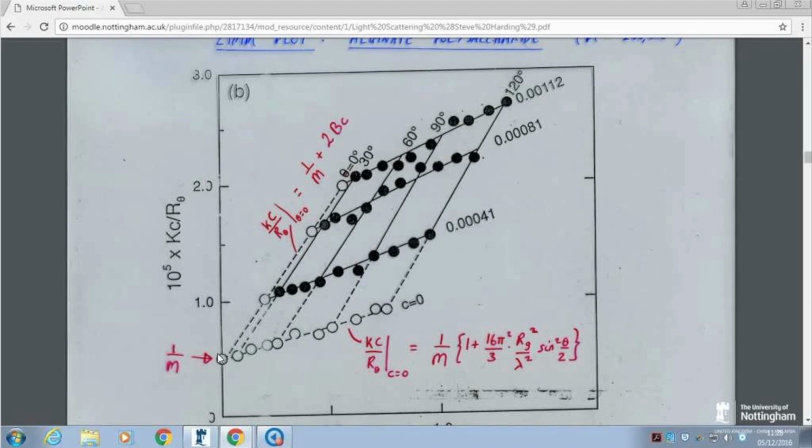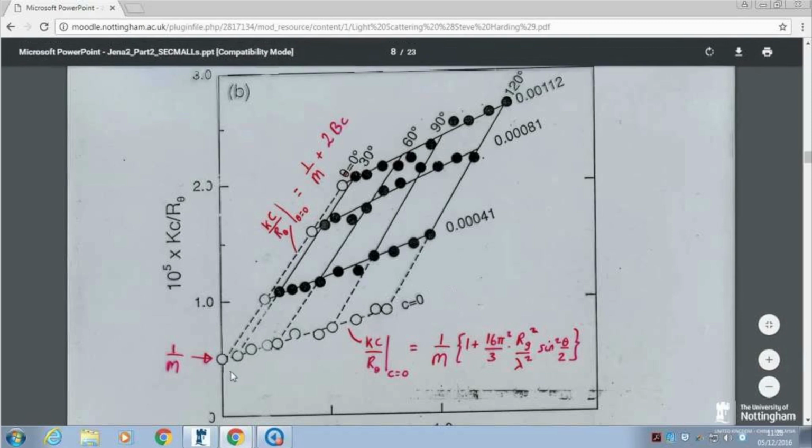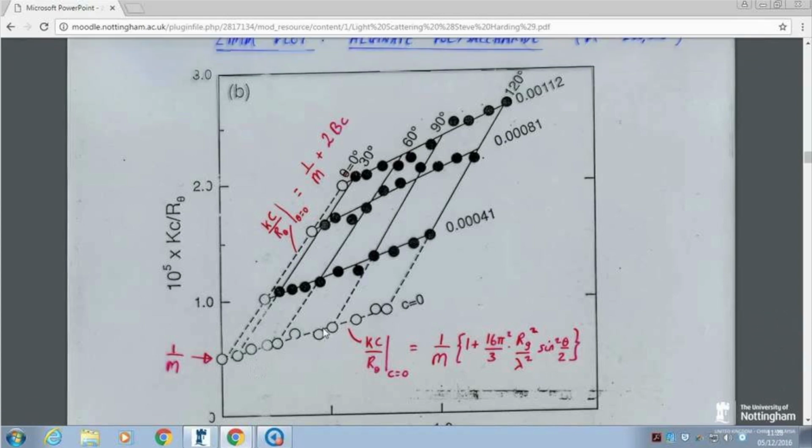And that applies to our instrument in the Limes building, which is fortunate. So we can work at very low concentration. That's an advantage in some ways over the sedimentation equilibrium technique, because we can't go much below 0.5 milligram per mil with the ultracentrifuge method, whereas with light scattering we can go below that, especially with big particles.